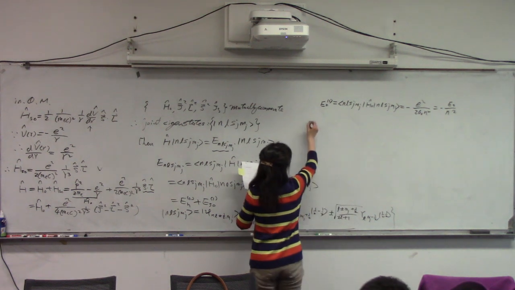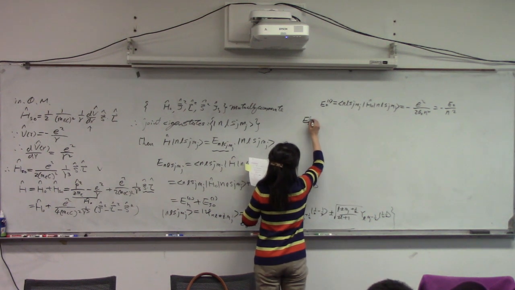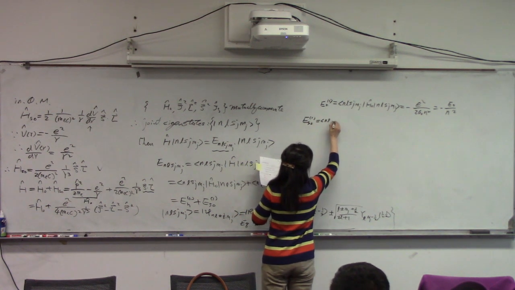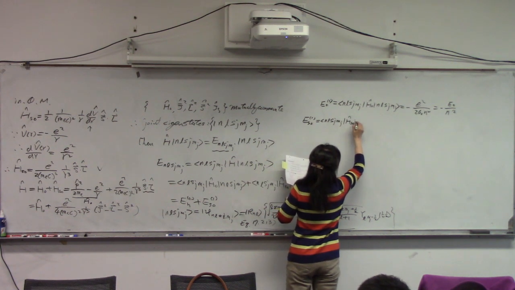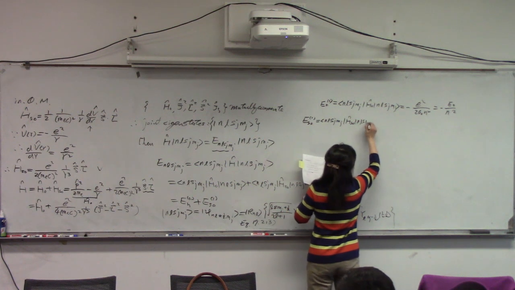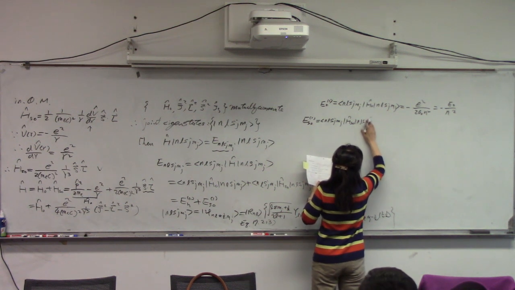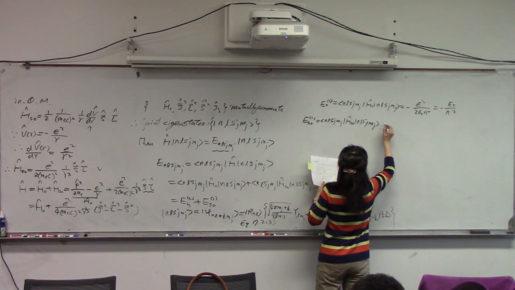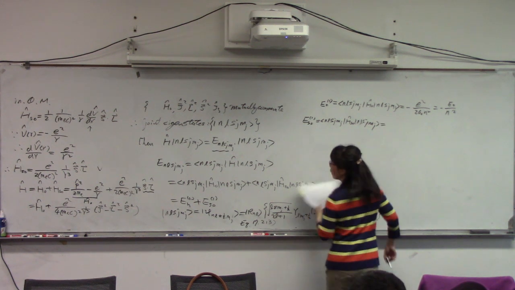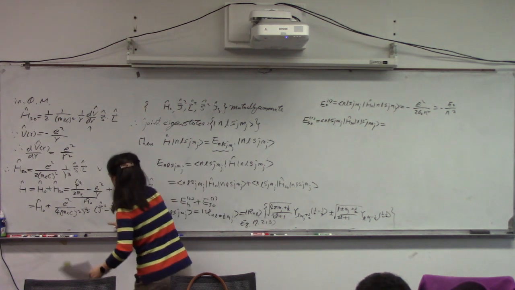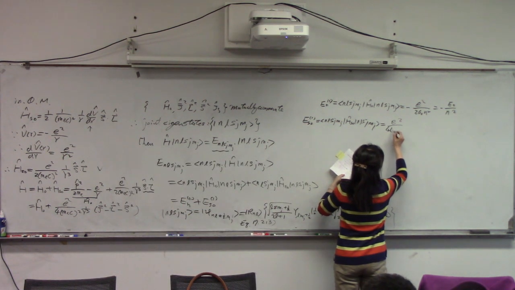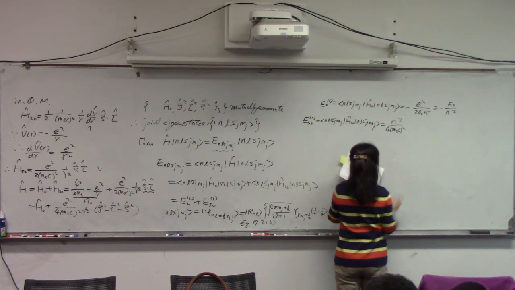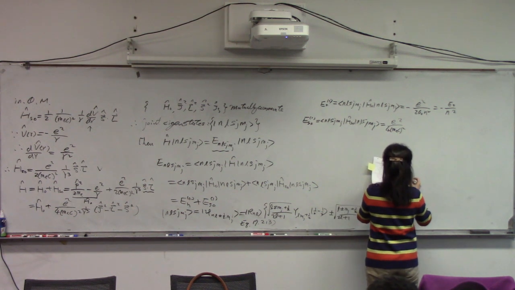Now, the second one, the spin-orbit term, the matrix element of H_SO between n, l, s, j, m_j states. That is equal to this one, right? So we have a constant outside, which is e squared over 4 m e c squared.